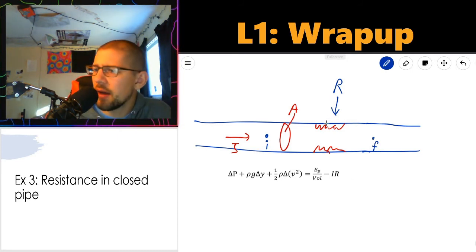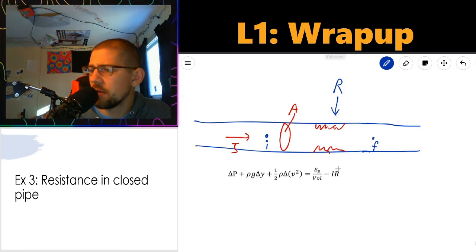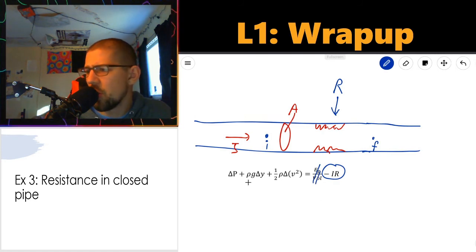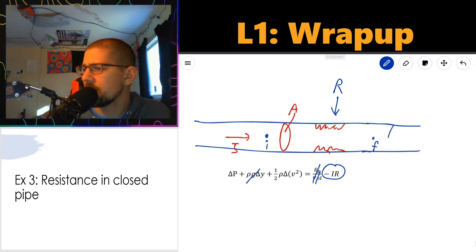The area between these two, initial and final, does include a resistive section, so this will stay with us. There is no pump between them. This goes away. There's no height change. They're both at the same horizontal height. We can think a little bit about velocity again here. The area is staying the same from the left side to the right side.